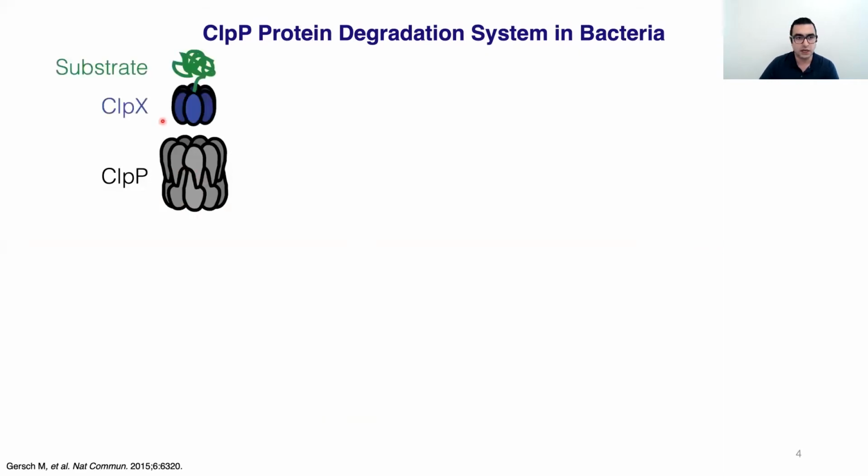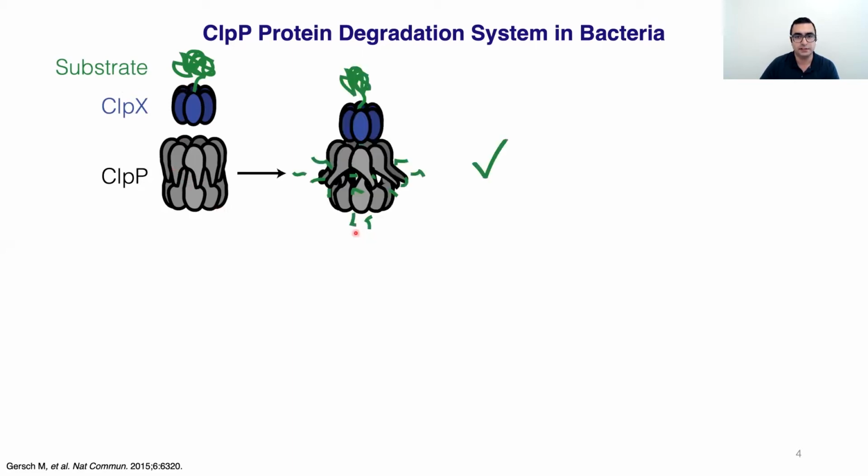It needs to work together with AAA+ unfoldases. In this case, it's ClpX. ClpX engages substrate molecules, hydrolyzes ATP, and in doing so, feeds the substrate into the ClpP chamber for degradation. This is typically what happens in a regulated environment.